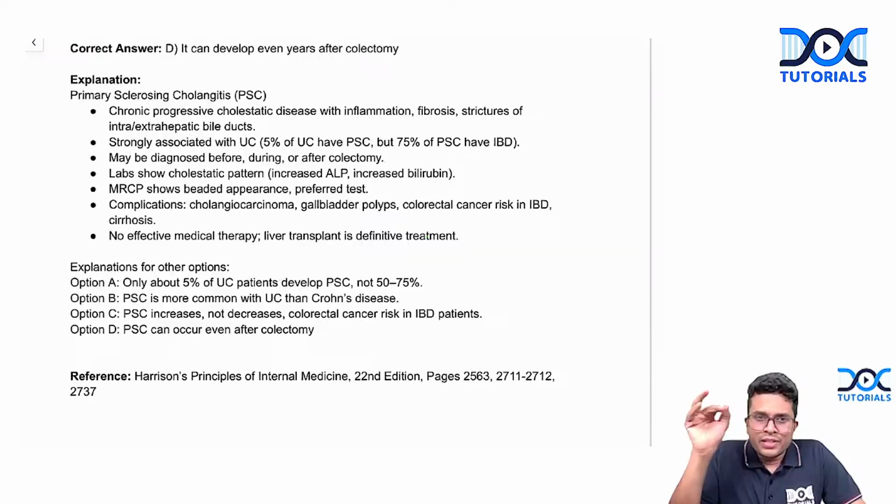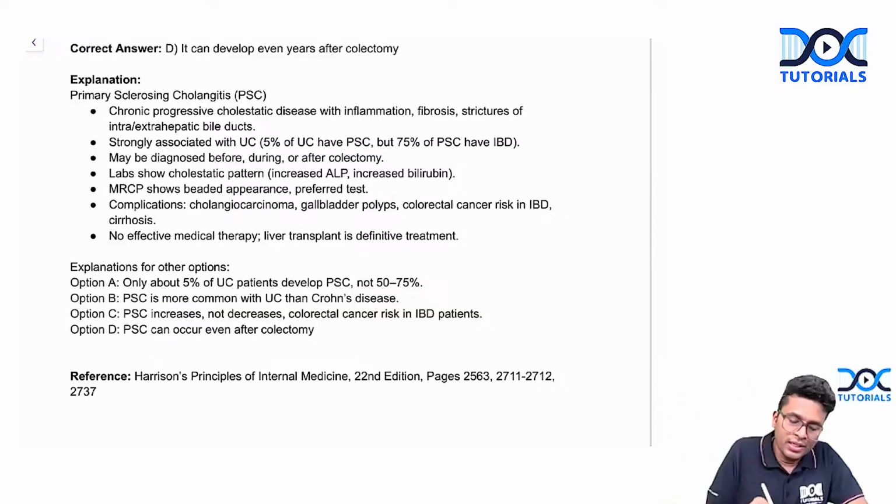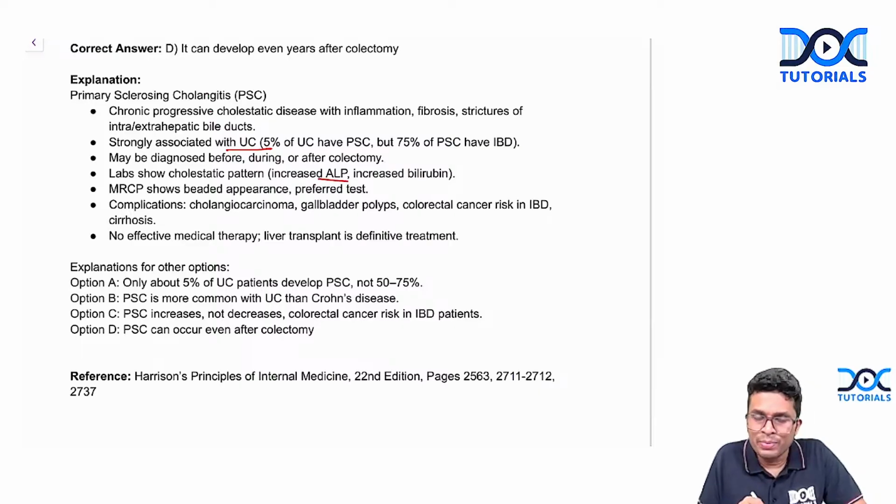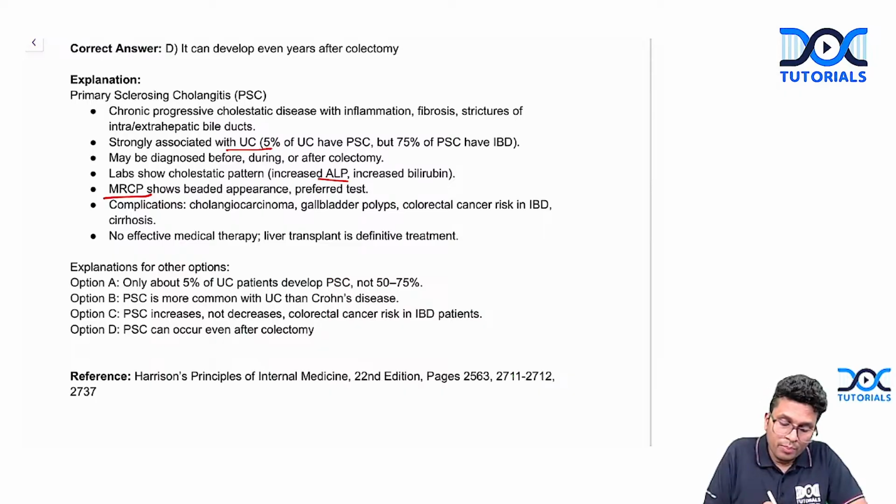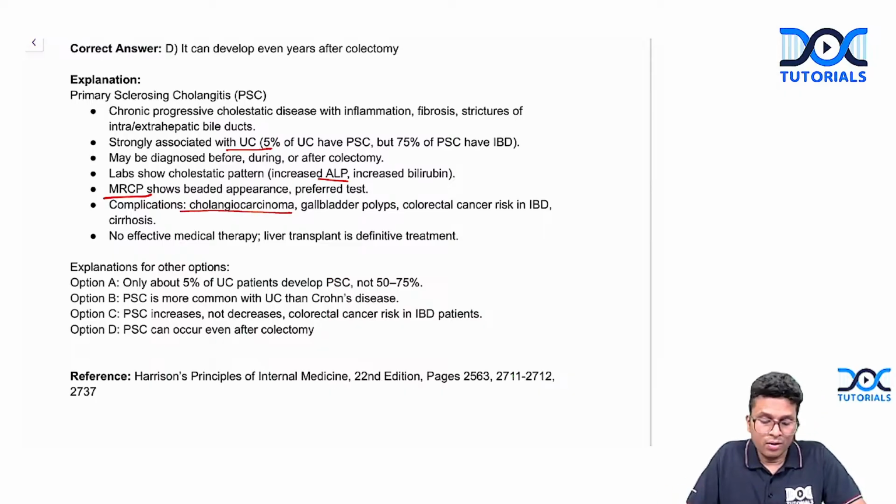PSC has basic points you should know. It is a chronic progressive cholestatic disease, which in due course can even lead to cirrhosis. It is more seen in patients with UC, and you need to document alkaline phosphatase being elevated in a case of IBD, which should trigger you to do an MRCP, and the diagnosis will be picked up. An important fact to know is that patients with PSC have a higher risk of developing cholangiocarcinoma and colorectal cancer.